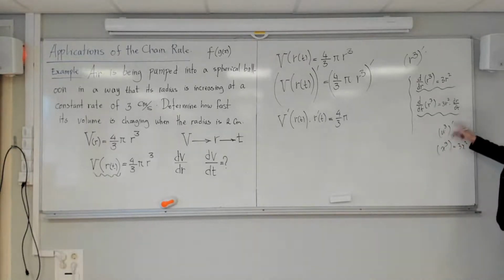But if I have u to power 3, where u itself is a function of x, you follow the same rule, but you need to remember to multiply by an extra u prime. By the way, you are also multiplying by an extra x prime here, but x prime is always 1, so this is why you don't see it. But if I have a function of x, there is no guarantee that u prime is 1, so you have to consider it.